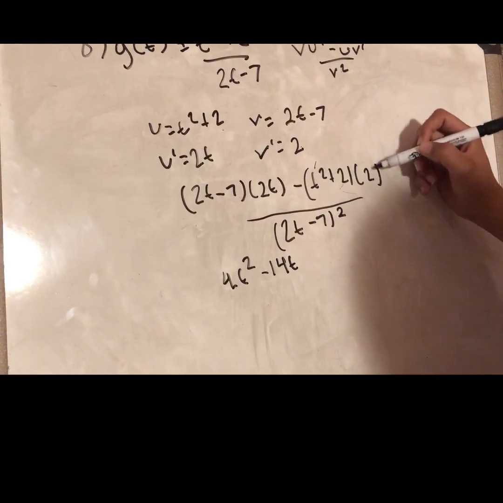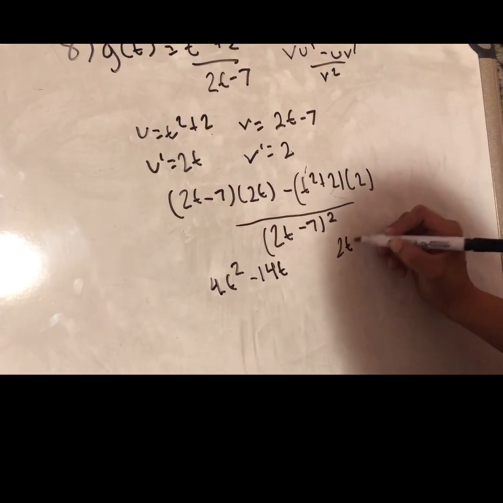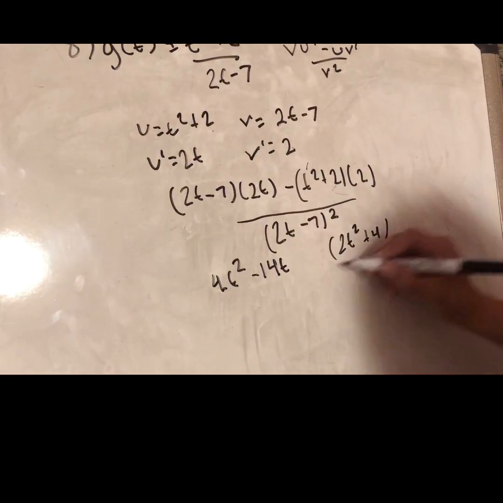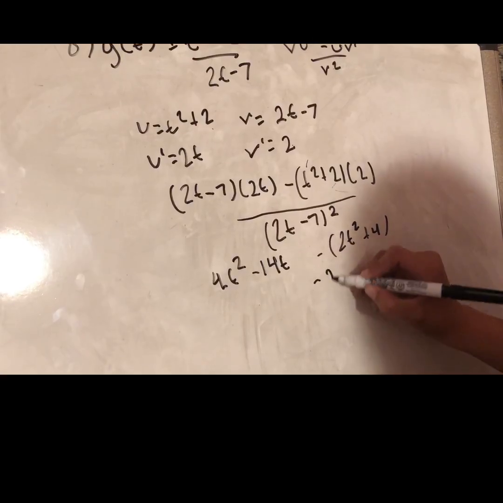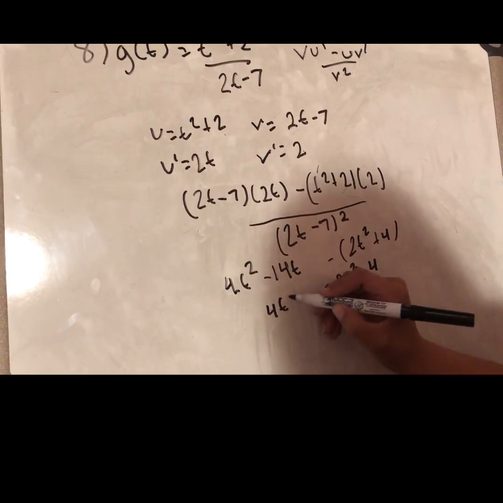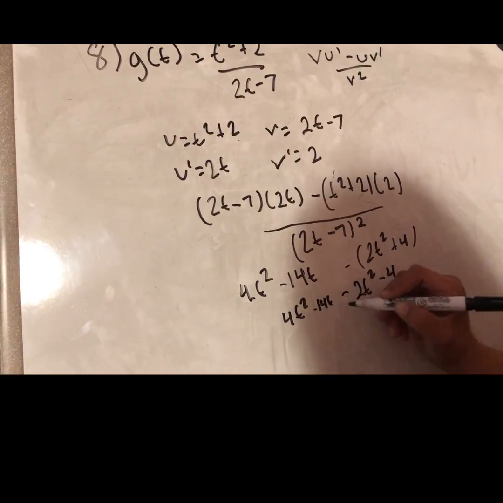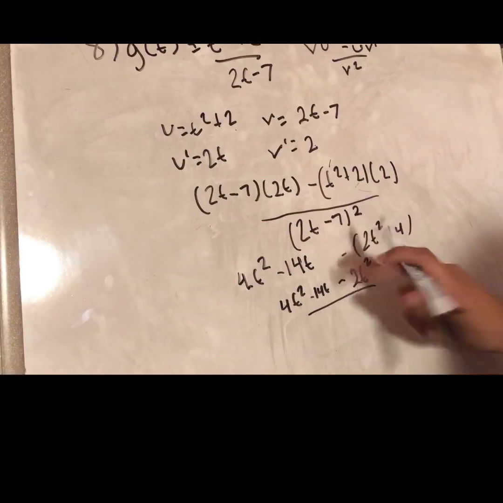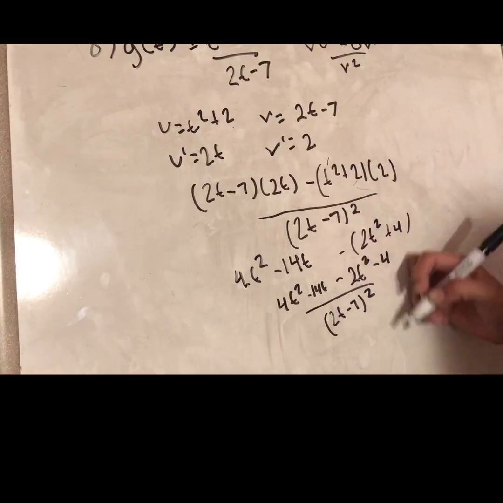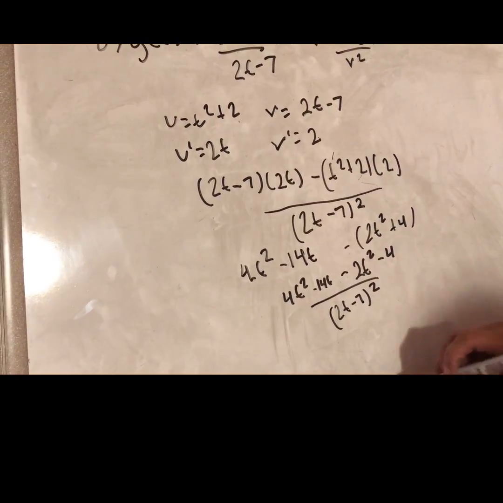So we would put 2t squared plus 4, and we have the negative, so we have to distribute it, so it would be negative 2t squared minus 4. So now you would put it together, and then you don't forget your denominator, 2t minus 7 over 2.